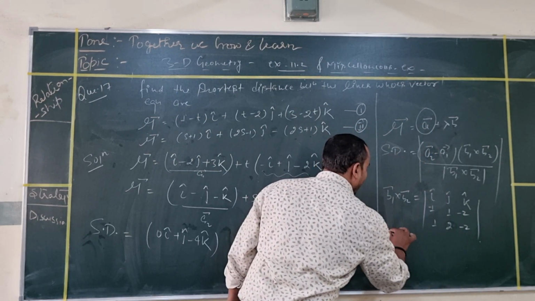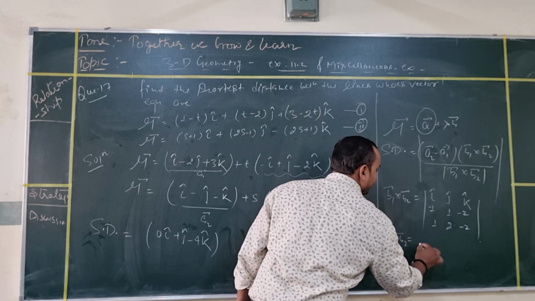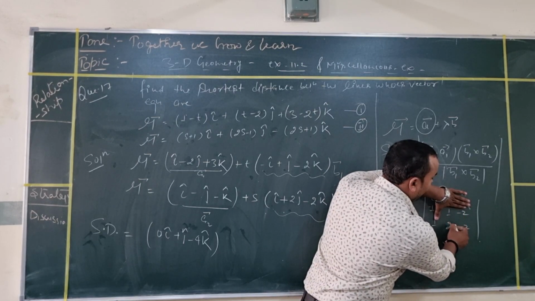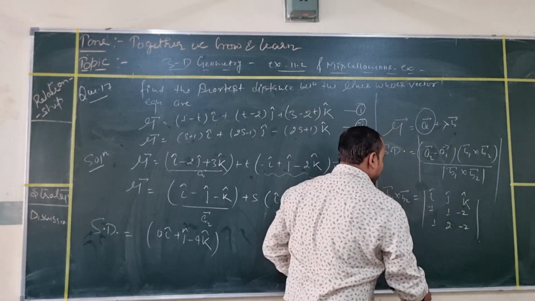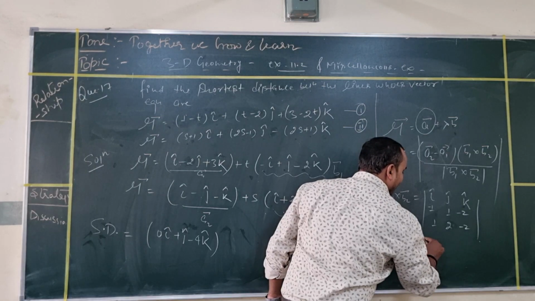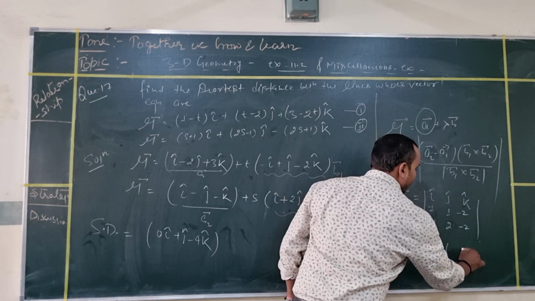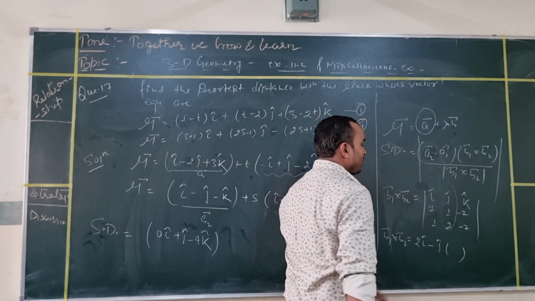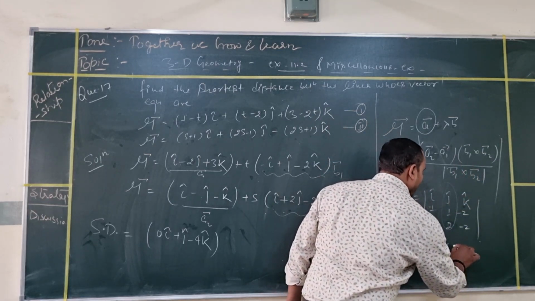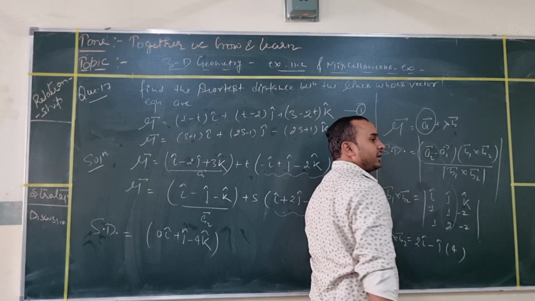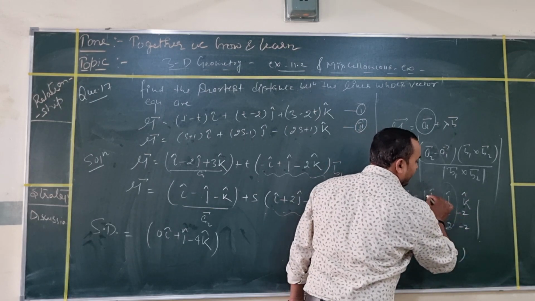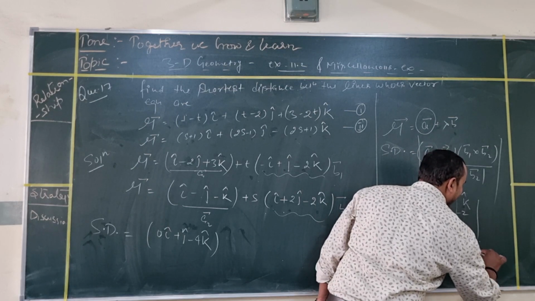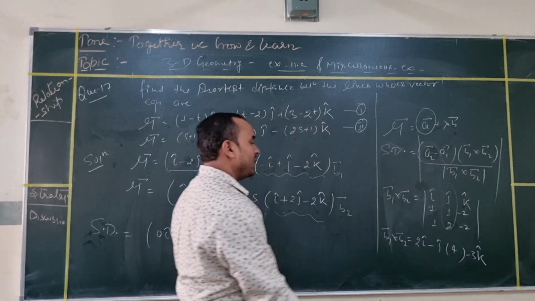Now b1 cross b2 is i cap times (minus 2 plus 4), that is 2i cap, minus j cap times (2 plus 2), that is minus 4j cap, and then k cap times (minus 2 minus 1), that is minus 3k cap. This is b1 cross b2.